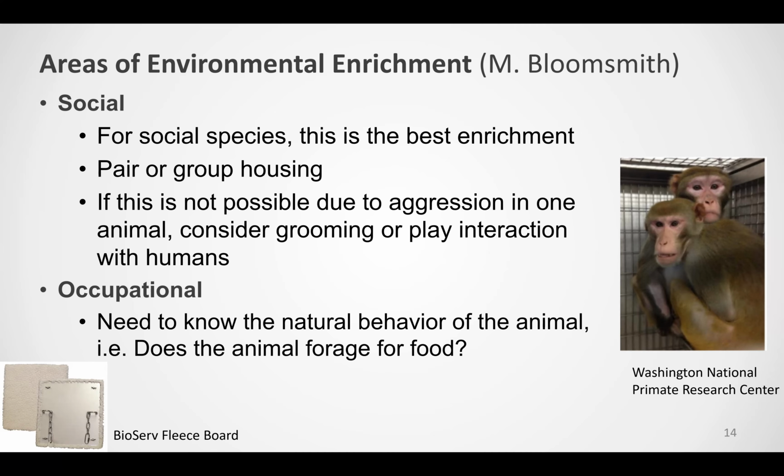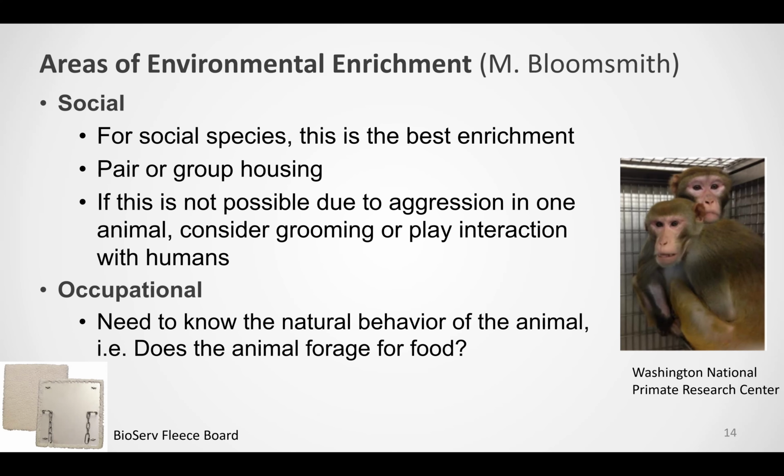And if it's not possible for you actually to even pair the animal, and this can sometimes be the case for veterinary medical reasons, it could be due to aggression in one animal towards another, etc. You may have to individually house that animal that's social.